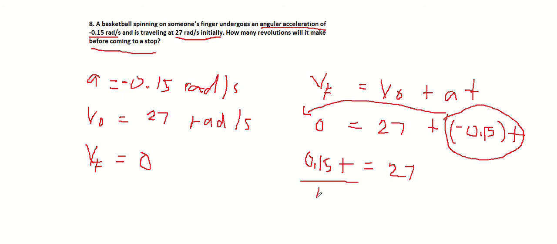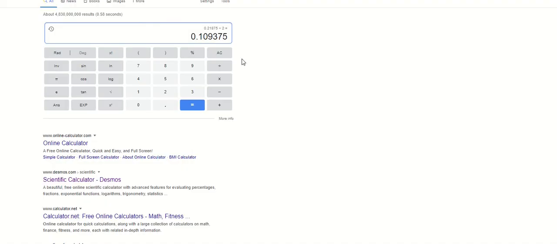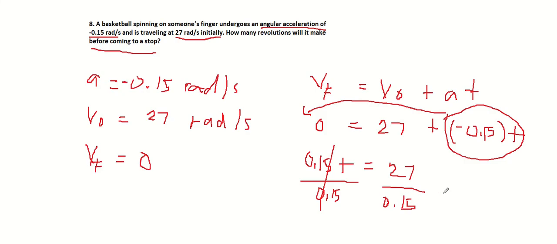So, para makuha mo yung time, divide both sides by 0.15. Cancel na yan. Tapos ito, divide mo by 0.15. So, ngayon, calculator natin, 27 divided by 0.15, equivalent to 180. So, ang time natin dito is 180 seconds.